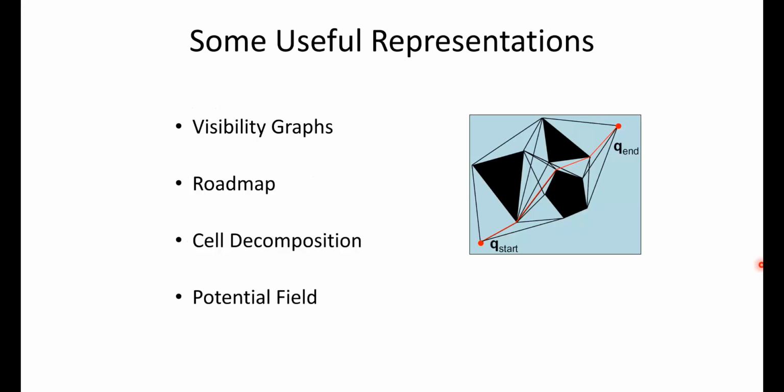The idea is that we have some 2D space, at least for this example. We have a start state and an end state, and we want to find the shortest collision-free path to get there. The idea behind the visibility graph is that we can use the geometry of our obstacles to limit the places that we actually have to search.